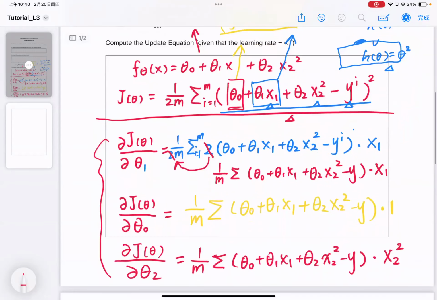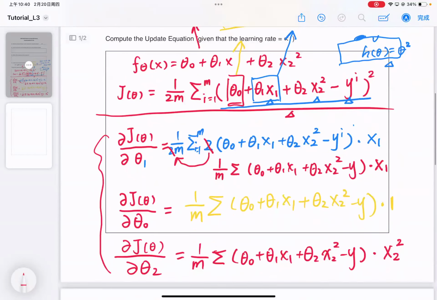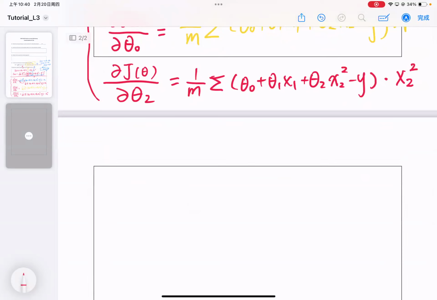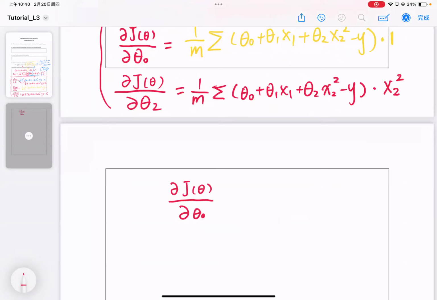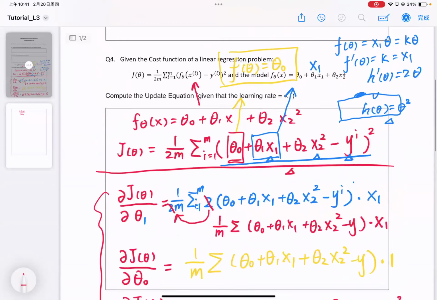Okay, and then what is the update equation? The update equation is equal to the gradient multiplied by the learning rate.